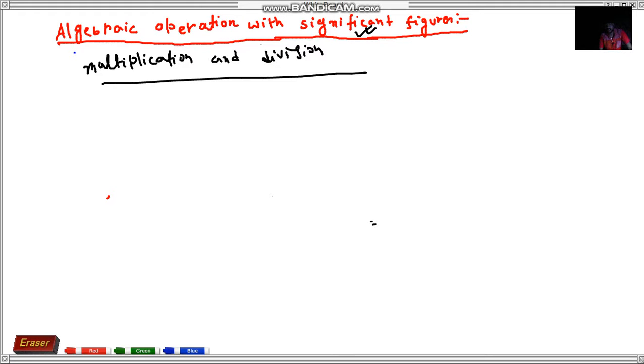The difference is that for addition and subtraction, we look at the significant digits after the decimal. But here we look at the total number of significant digits, the least number of significant digits in total.